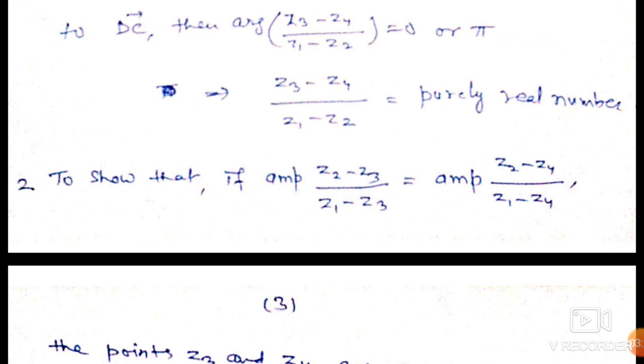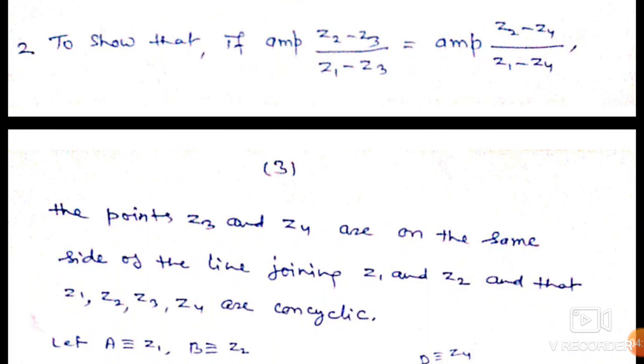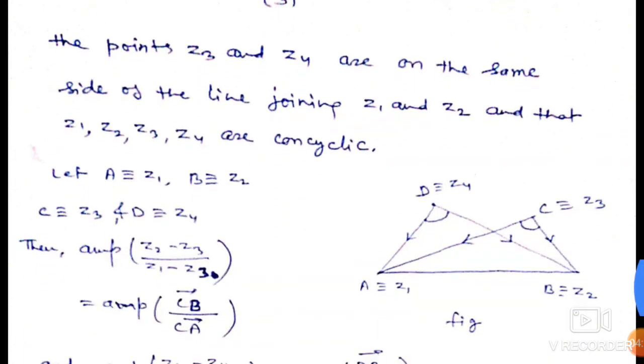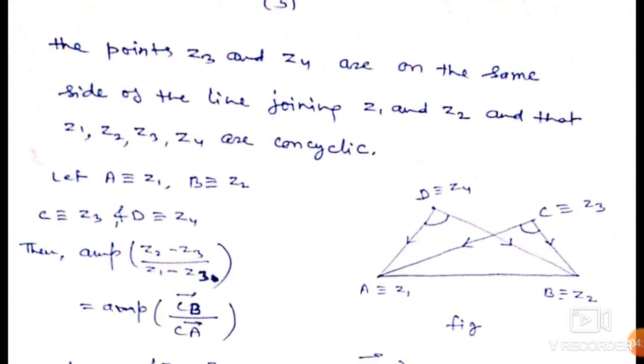Similarly, the second article is to show that if amplitude of Z2 minus Z3 over Z1 minus Z3 equal to amplitude of Z2 minus Z4 over Z1 minus Z4, the points Z3 and Z4 are on the same side of the line joining Z1 and Z2, and that Z1, Z2, Z3, Z4 are concyclic.